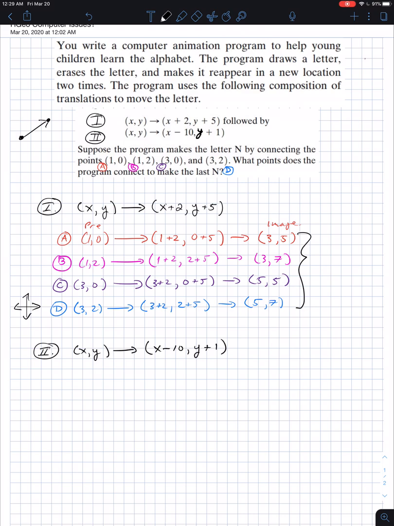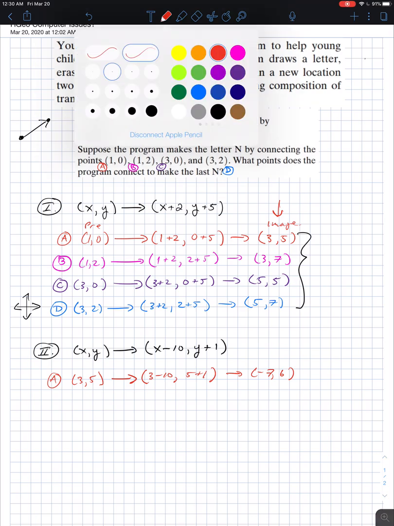So I'll use the same color code that we used before, and here's A. And A is now 3 comma 5, because we're using the image, which is now the pre-image to the new image that we're going to be making. And we translate that across space here in the two-dimensional realm. We're going to say 3 minus 10 comma 5 plus 1, and we get negative 7 comma 6.